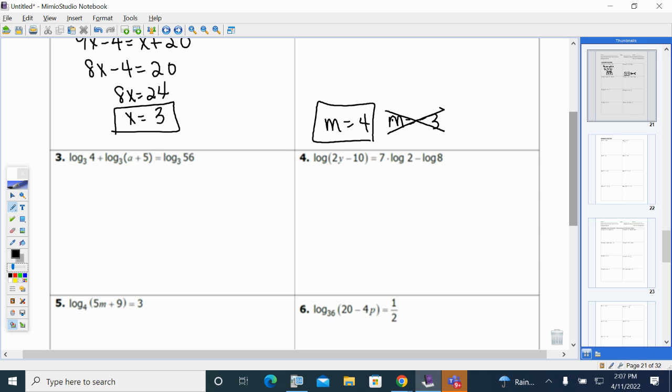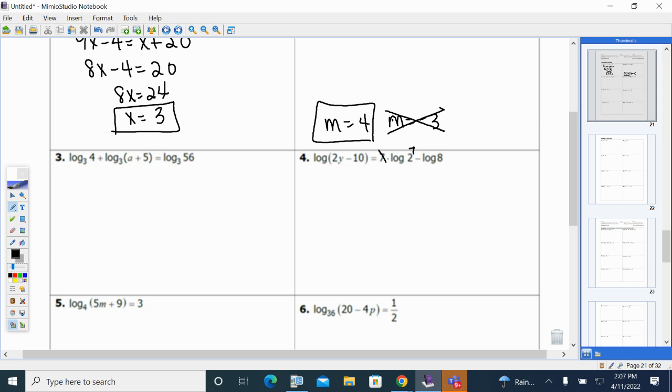On number 4, I'm going to jump to number 4. I've got log of 2x minus 7 is equal to 7 times log of 2 minus log of 8. So 7 right now represents a product, but with logs, it's an exponent. So I'm going to get rid of that 7 first. So I've condensed that part.